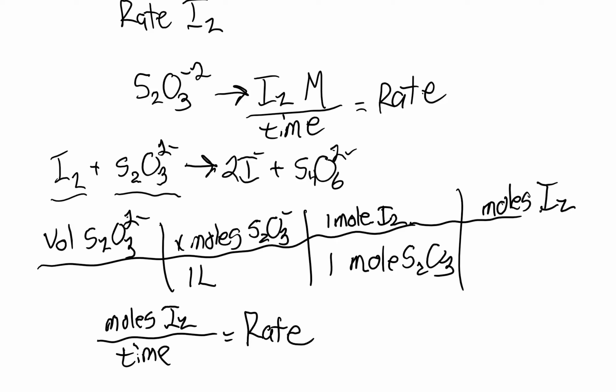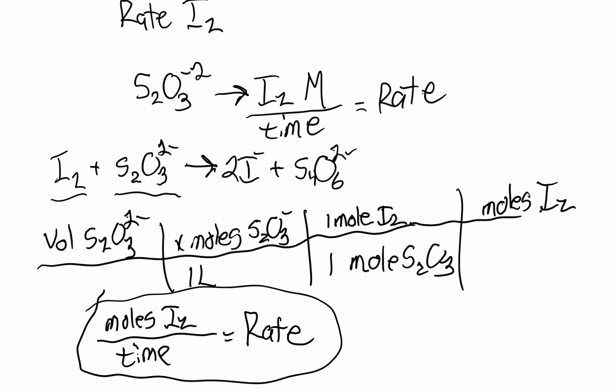So you'll have to do that for every single experiment, both in part 1 and part 2. So this shows you how to get the rate of the reaction. So keep that in mind. Hopefully that makes things a little easier.